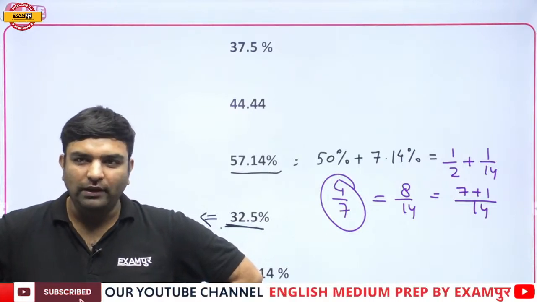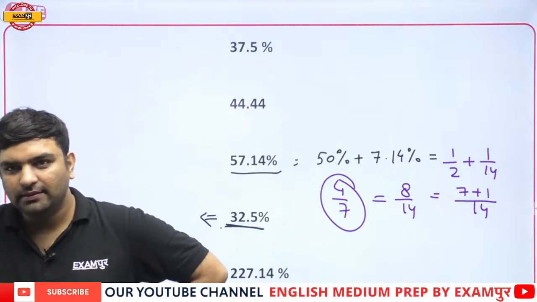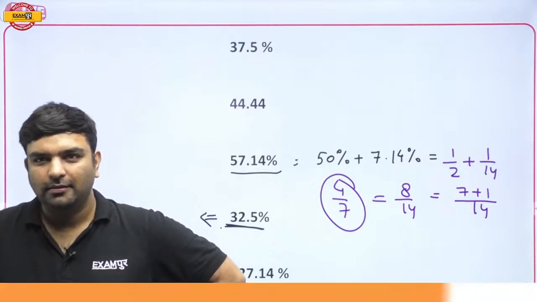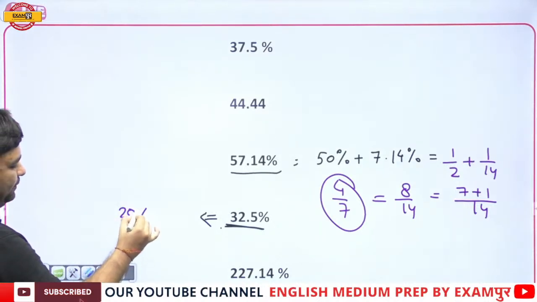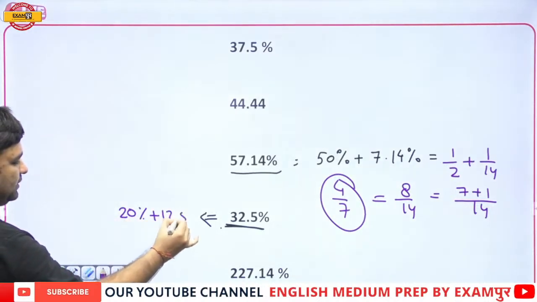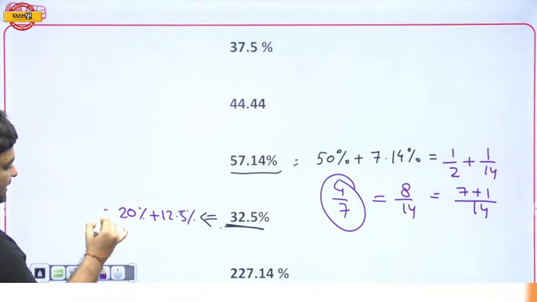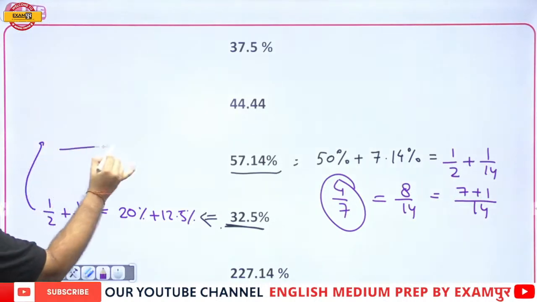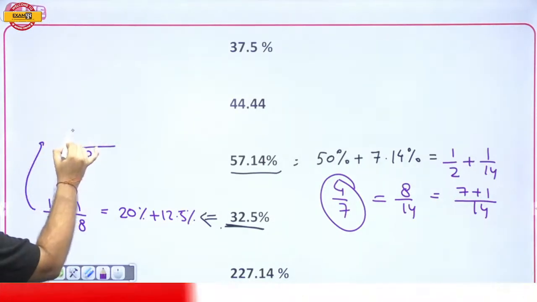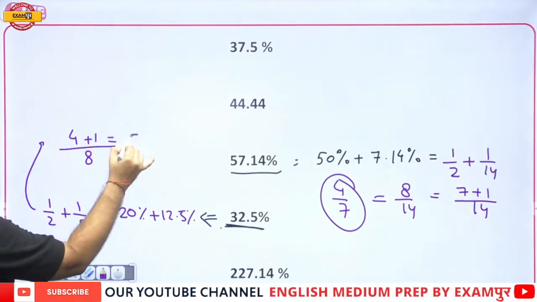Why 12.5 only? Because we know the value of it. So, sir, 20% plus 12.5%. 20% is 1 by 5 and 12.5% is 1 by 8. So, take the LCM 8. It is 4 plus 1, 5 by 8.